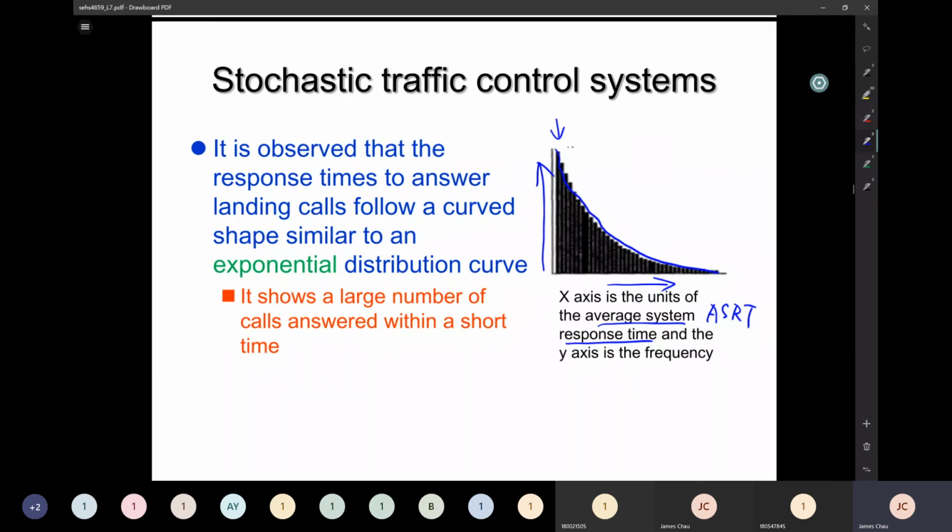So it is targeted to have a large number of car calls answered within a short time. But it may not always be good, because the passenger may have a tolerance time. Say, for example, if I press the car call button, I can allow waiting for 1 minute.